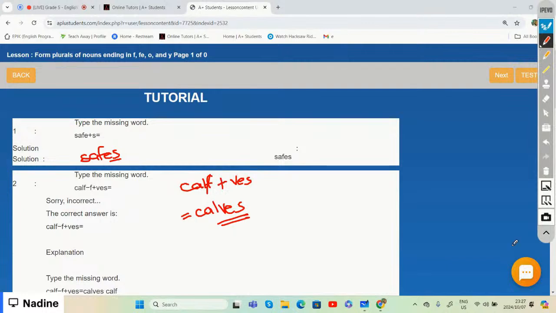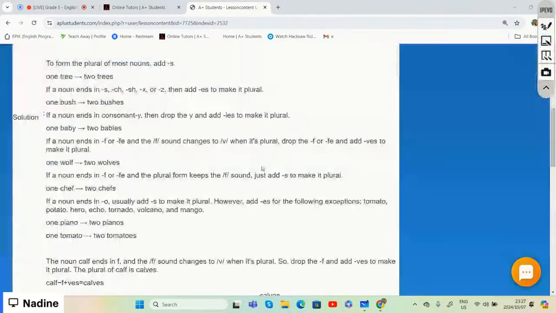And if we look at one more, and then we're going to our test. University.